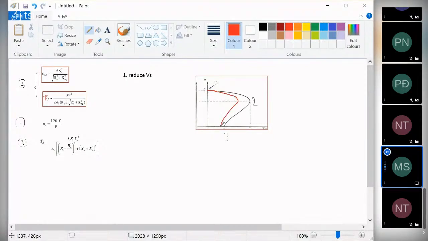So this is the artificial response. Do you agree with me? Okay. And who can answer my question: if the load is constant, when you reduce the voltage supply, will the speed be reduced, increased, or constant? For example, in this case, I have the load torque in the green curve like this.